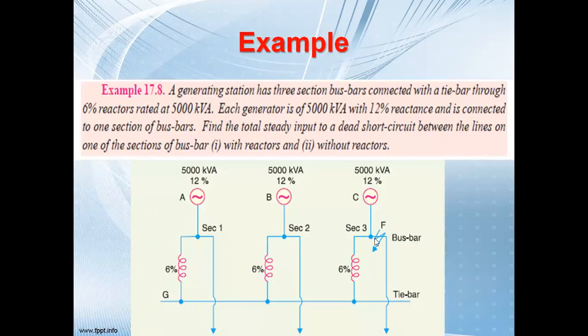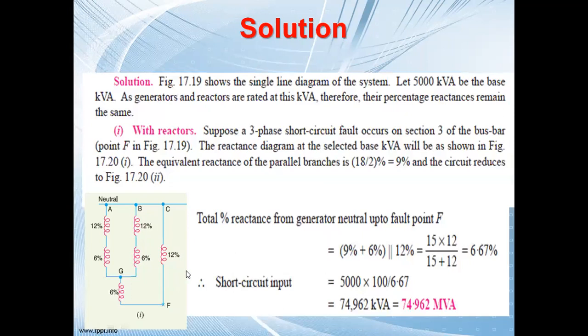So there will be a 12% reactance here, and then after that there is a fault, and thereafter there is a 6%. So this is the problem statement. Now we need to calculate the percentage reactance between the fault point and the alternator point. From the generator to the fault point, we need to calculate the percentage reactance.